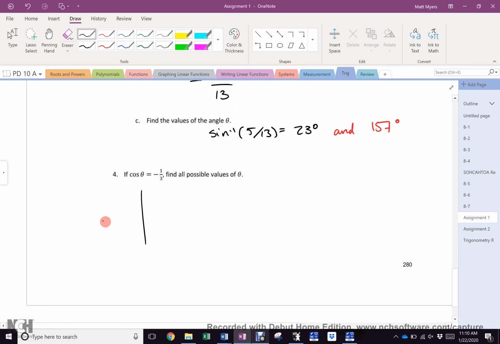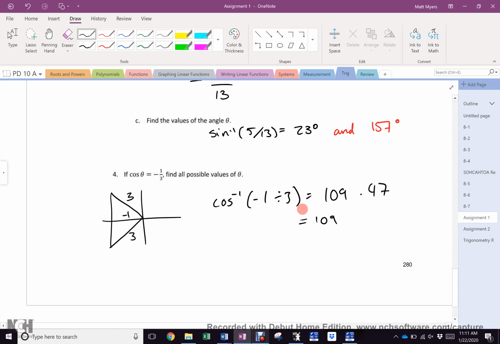Cos theta equals negative 1/3, so that's going to be there or there. 3, negative 1, 3. So shift cos of negative 1 divided by 3 is 109.47.